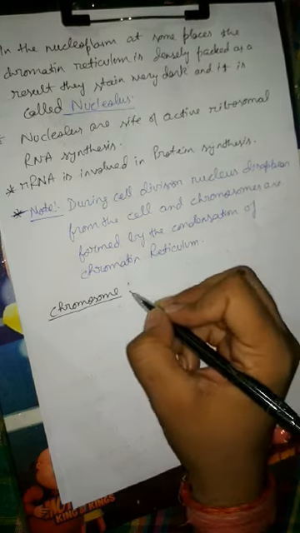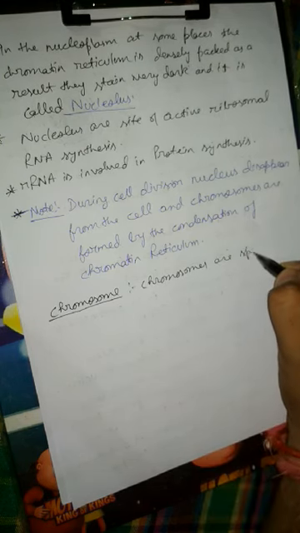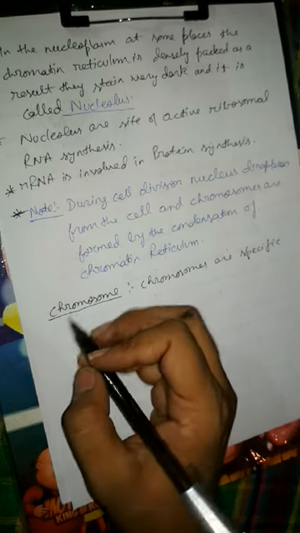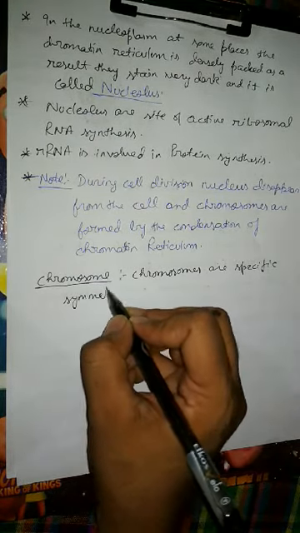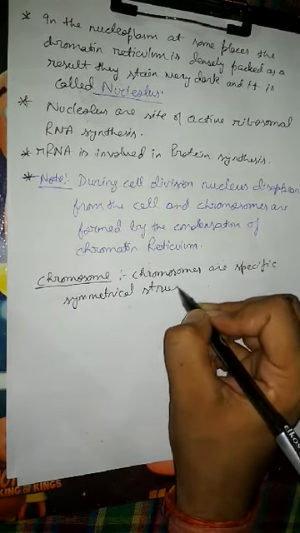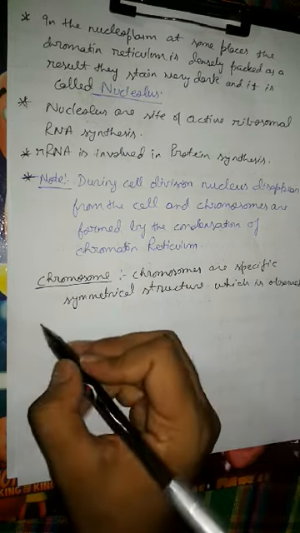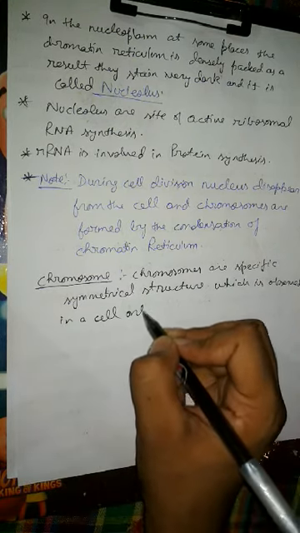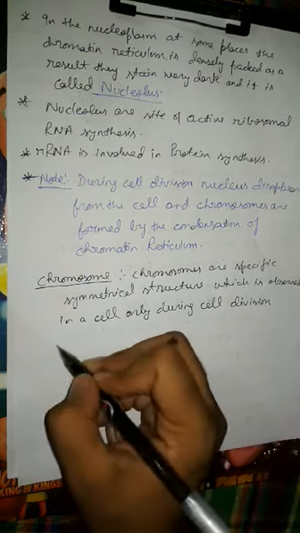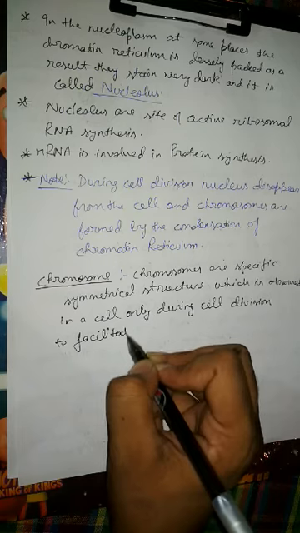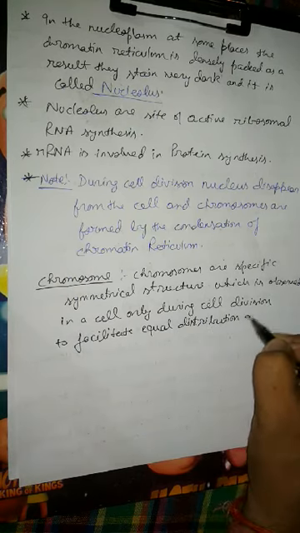Okay, so chromosomes are a specific symmetrical structure which is observed in a cell only during cell division to facilitate equal distribution of DNA.